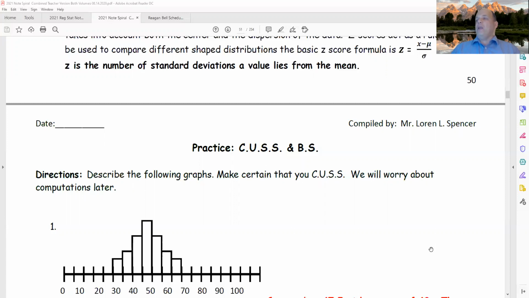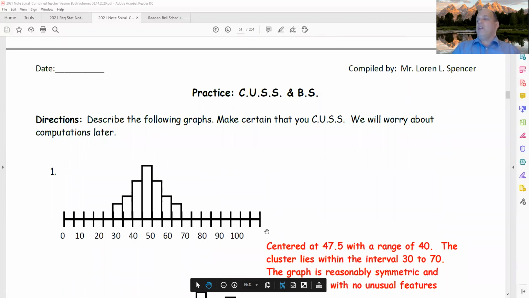The shape we said was mound shape. The center looks like between 45 and 50, so we can say the center is between 45 and 50, or we can say it's 47 and a half or about that. And the spread, I can go, well, my lowest value looks like 30, my highest value looks like 70, so my spread is about 70.